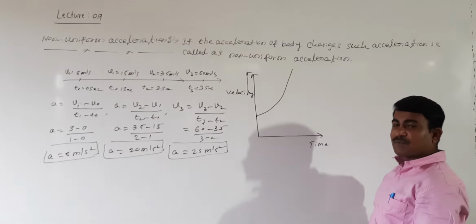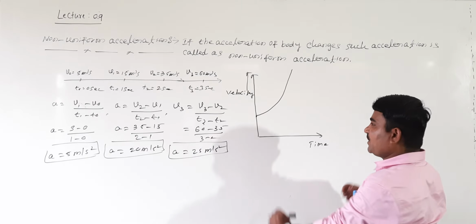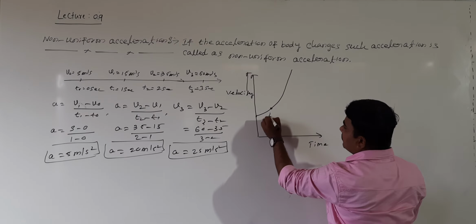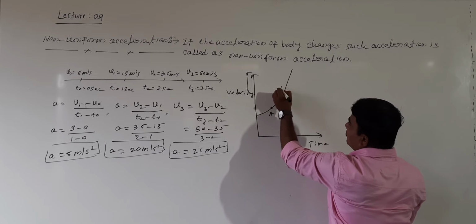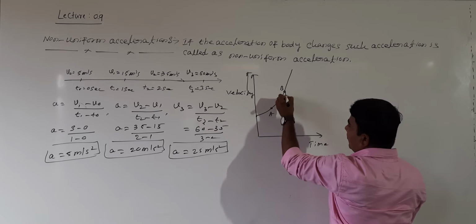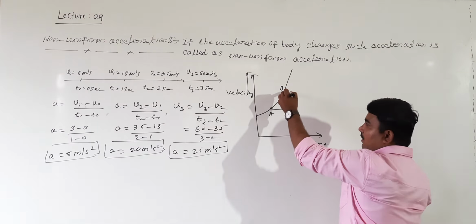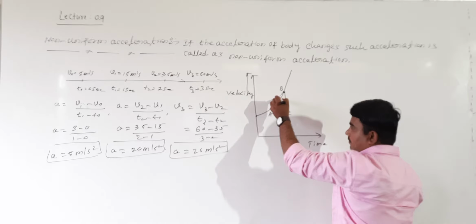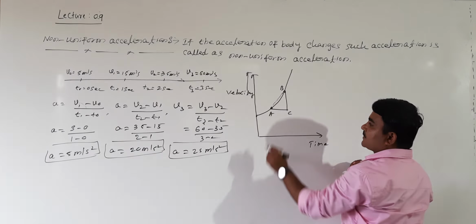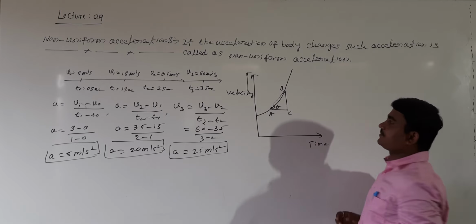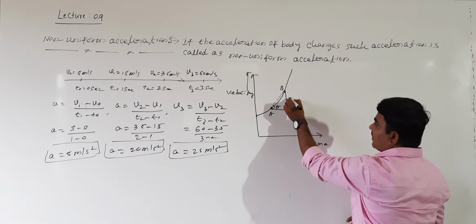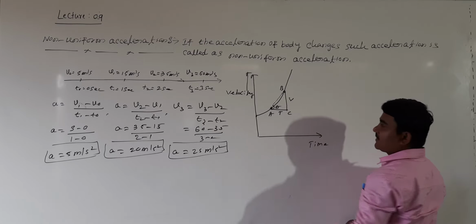How to take the slope in this case? This is the point A, this is the point B, and this is the point C, making a triangle. Here it is not linear, so just join it by making a straight line. This becomes the slope. This is theta. Along the y-axis velocity is available, along the x-axis time is available.